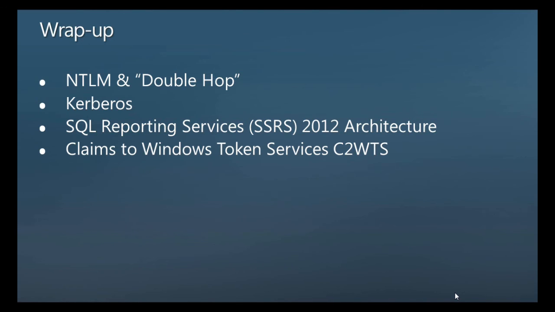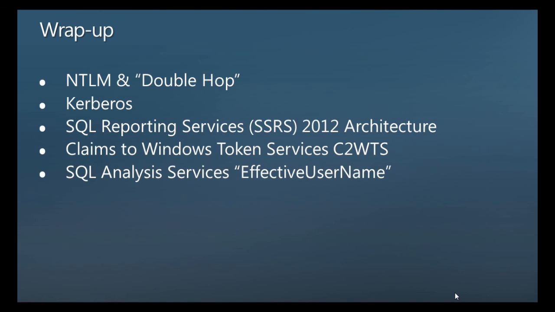We took a look at how identity and delegation works in SharePoint 2010, and we learned how the claims to Windows token service allows us to transition claims identity back to a Windows token so we can do outbound authentication. We also learned about some of the restrictions with the claims to Windows token service, in particular, its inability to delegate across a domain boundary because of the constrained Kerberos delegation that we have to configure.